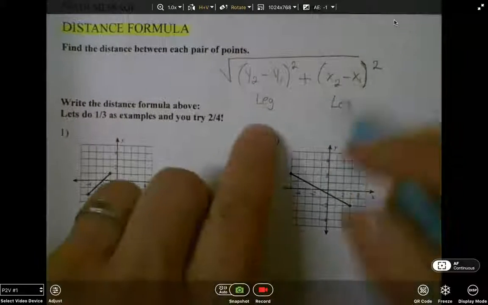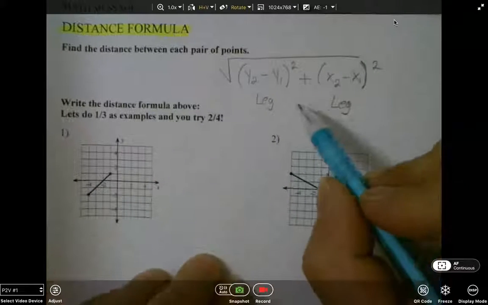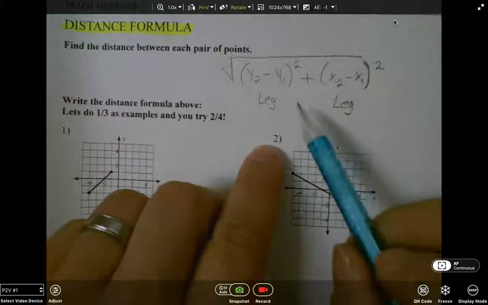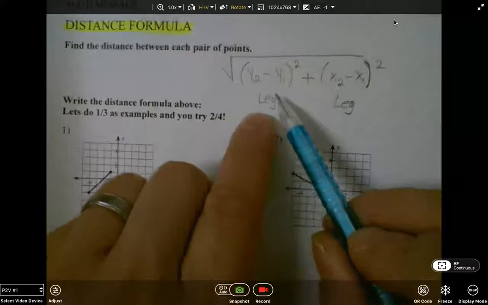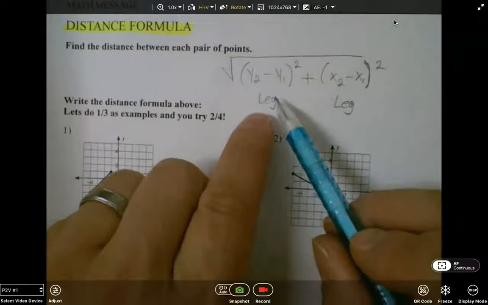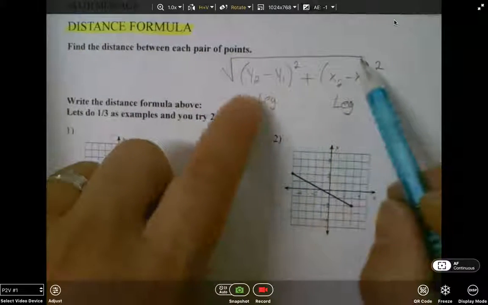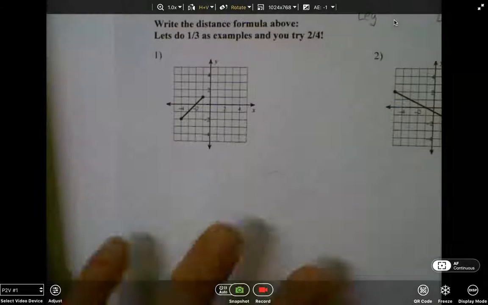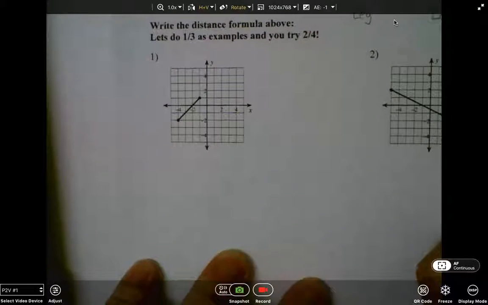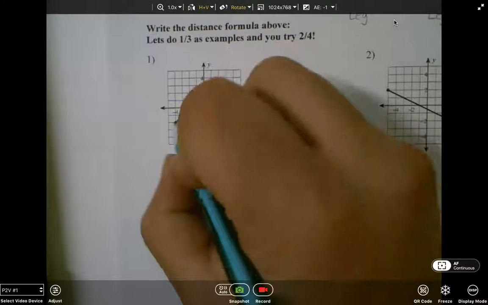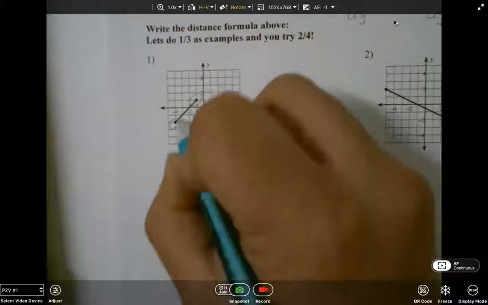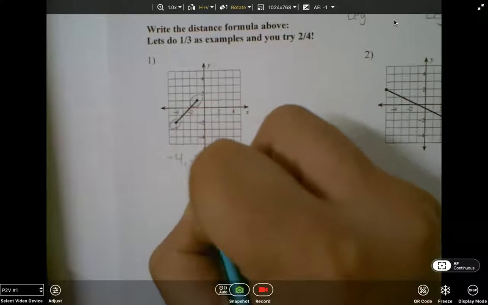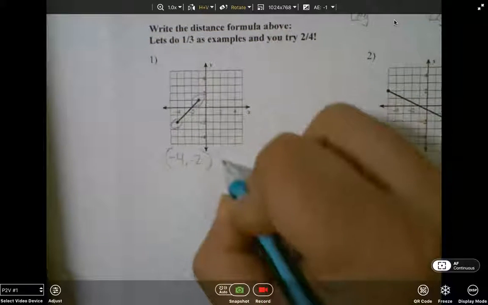Again, this is the formula, and just like the Pythagorean theorem, if you're finding the missing hypotenuse, you're doing the leg squared plus the other leg squared, and then you square root it at the end. Looking at this example, let's just write down the coordinates: (-4, -2) and (-1, 1).